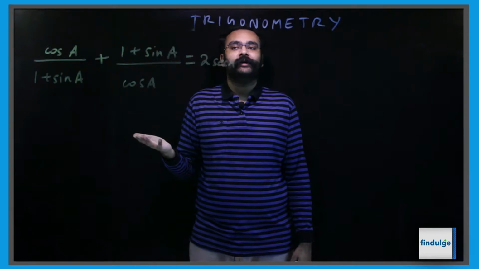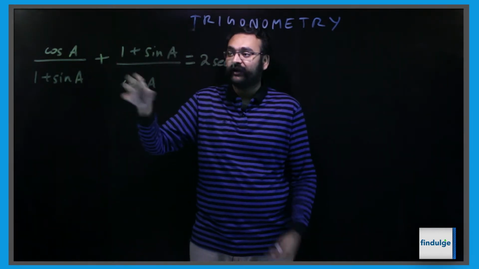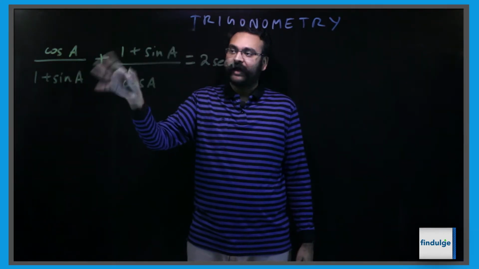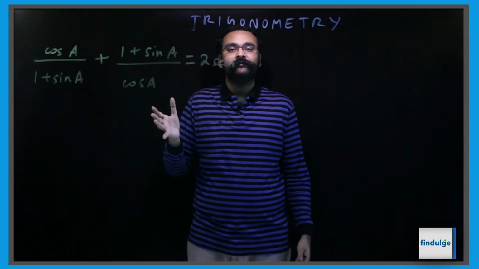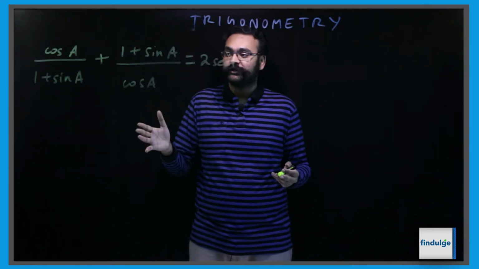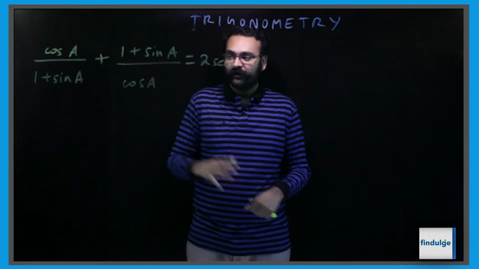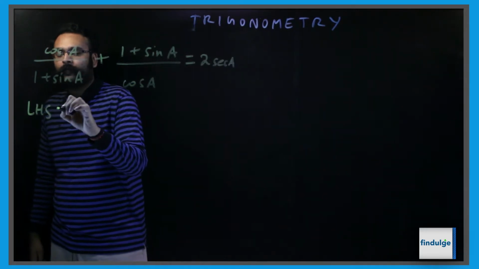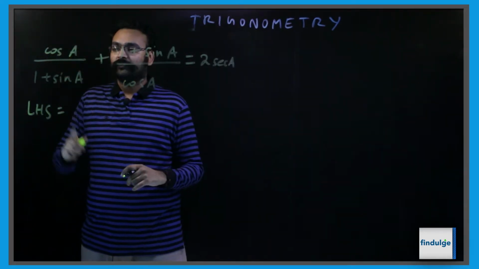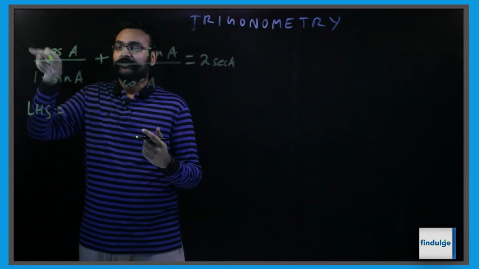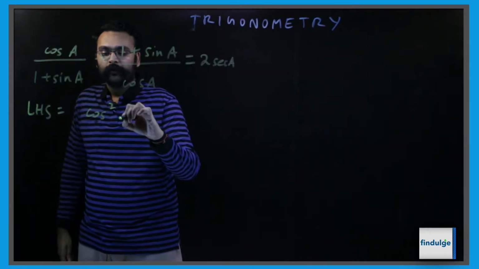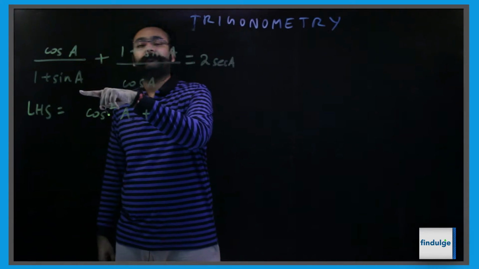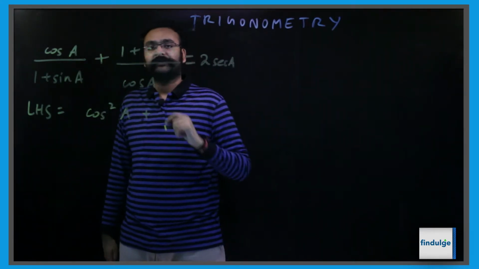So, what we will do is, clearly because the LHS is bigger and more expanded than the RHS, we will work on the LHS and simplify that by doing the only thing that we can do right now, which is to take the LCM. So let's see what happens then. Now, when I take the LCM, the first fraction will get multiplied by cos A. So this will turn into cos square A. The second fraction will get multiplied by 1 plus sin A, because that is the LCM.